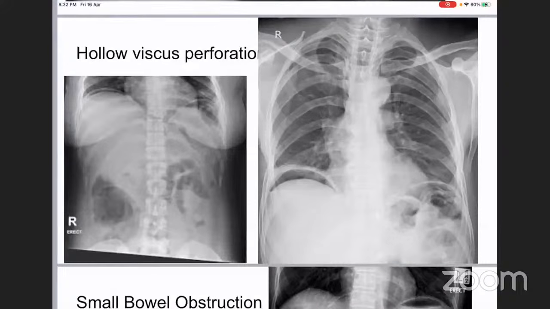And what is the minimum amount of free air that can be detected radiographically? Actually, even volumes as low as 1 to 5 ml can be detected on a radiograph. And it is best detected on an erect chest X-ray rather than an abdominal X-ray.